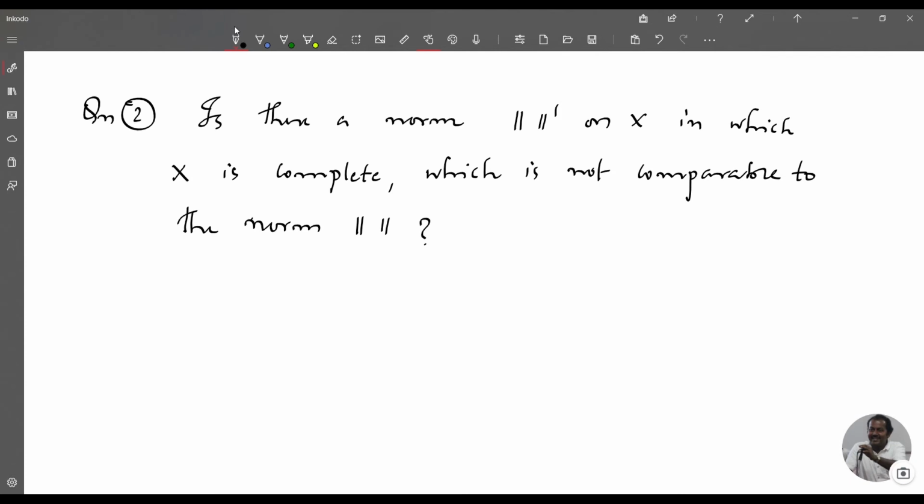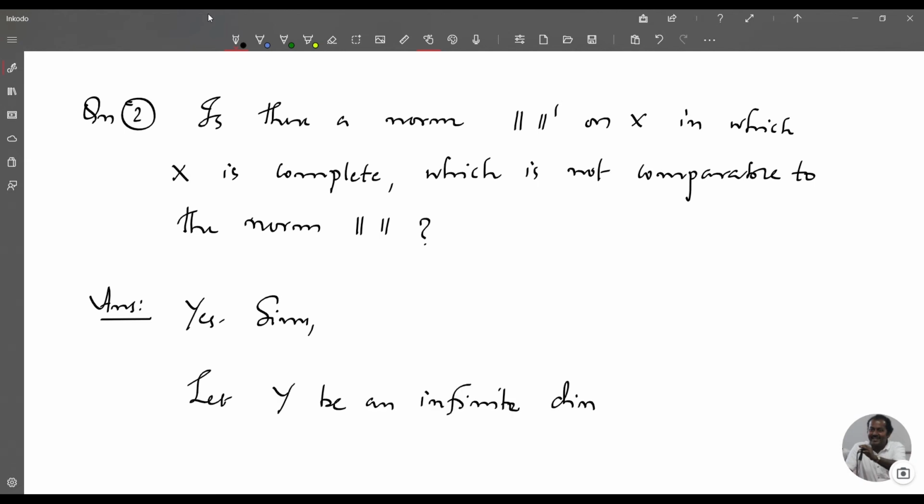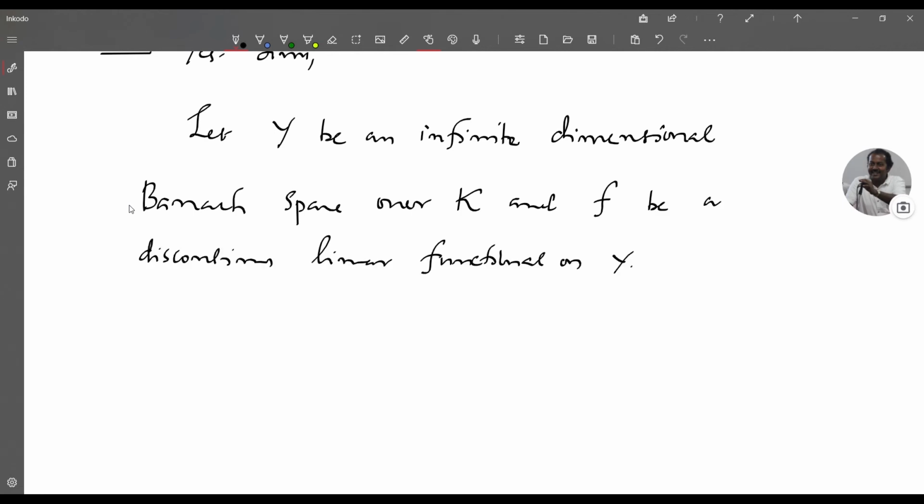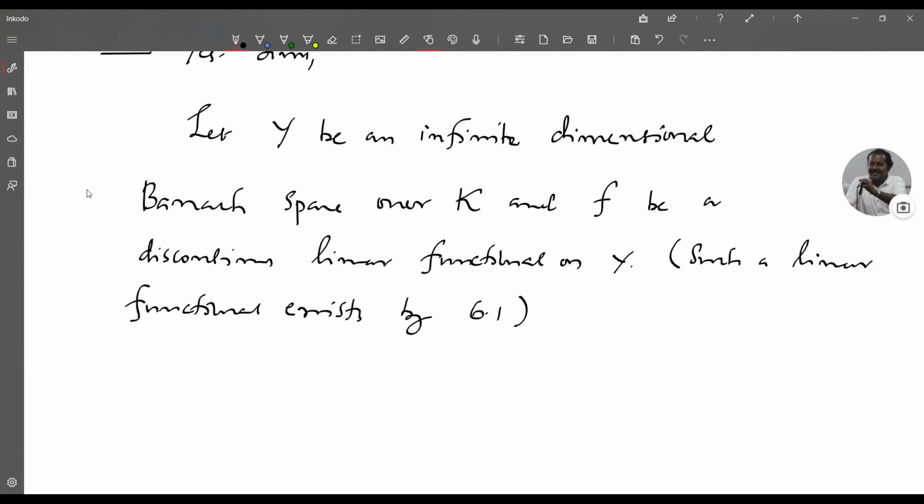The answer is also yes, since we let Y be an infinite dimensional Banach space over K and f be a discontinuous linear functional on Y. Such a linear functional exists by 6.1.